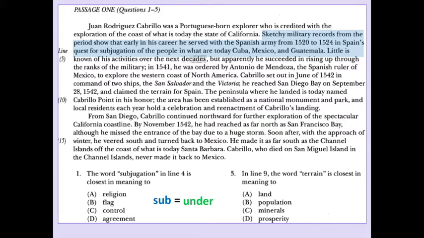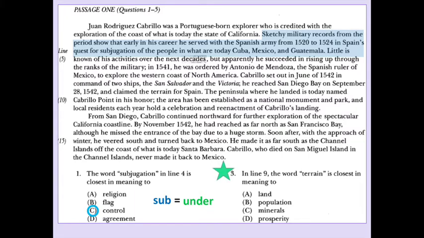B, flag. No. C, control. Yes. That makes sense in both the sentence and with our word part, under control, or Spain wanted control of the people in Cuba, Mexico, and Guatemala. So C is our answer.